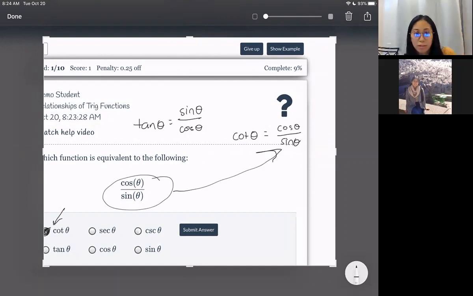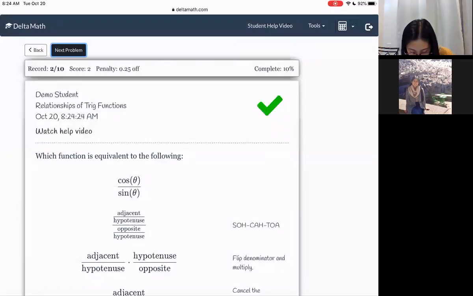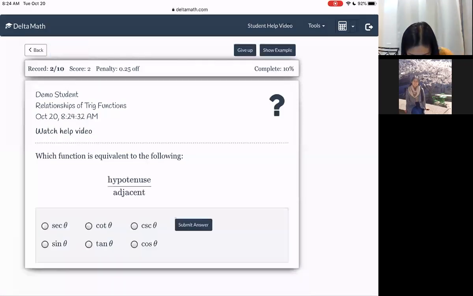Any questions? Okay. I believe that's all you need to know. You just need to know the cotangent and the tangent and the reciprocals for this one.